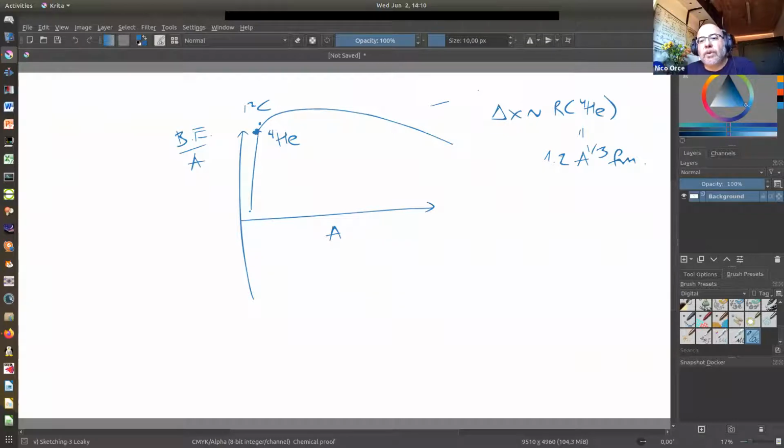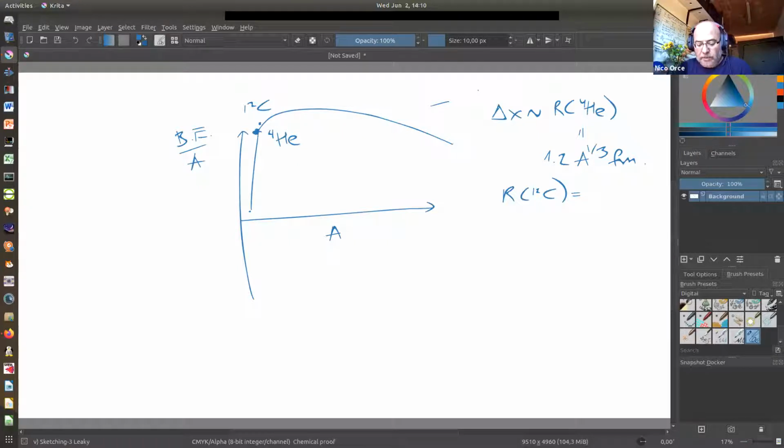The radius of carbon-12 would have been larger. Some books also approximate to carbon-12, as the step rise, the sudden increase, goes up to carbon-12. So in this case, we will have a little bit more, like 2 to 4 Fermi.